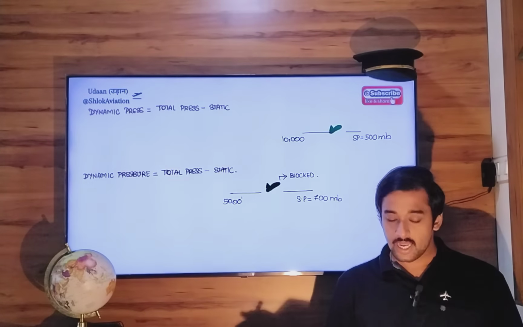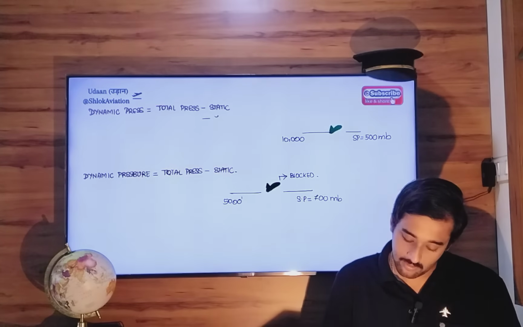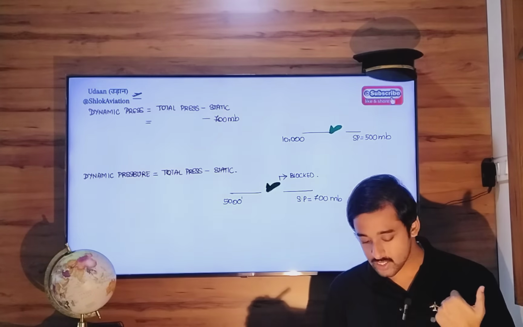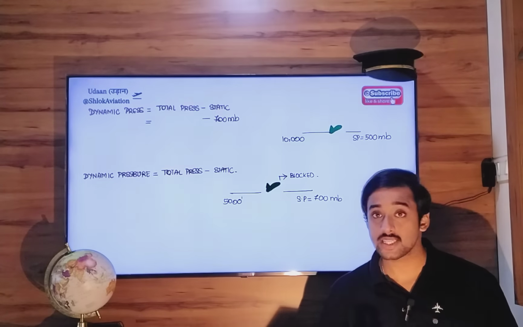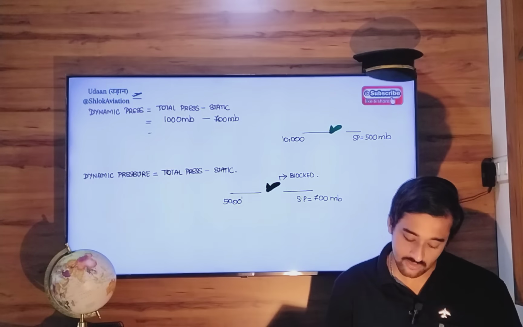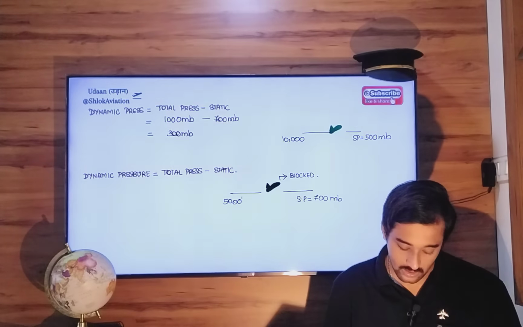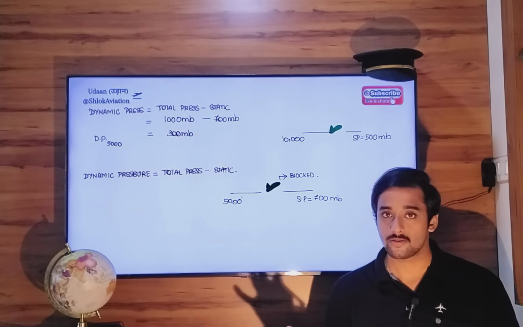At 5000 feet dynamic pressure is total pressure minus static, so static pressure is 700 millibar. Total pressure is, let's say, 1000. So dynamic pressure will be 300 millibar at 5000 feet. Okay, 300 millibar.